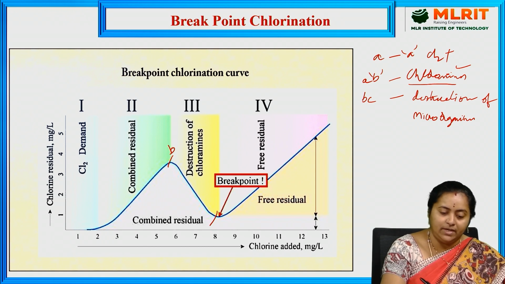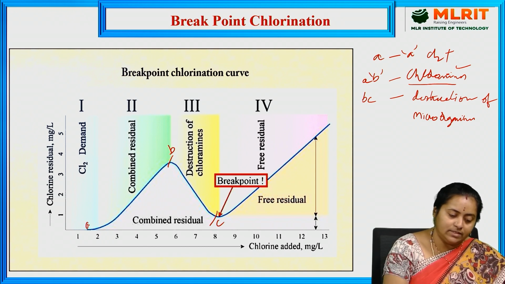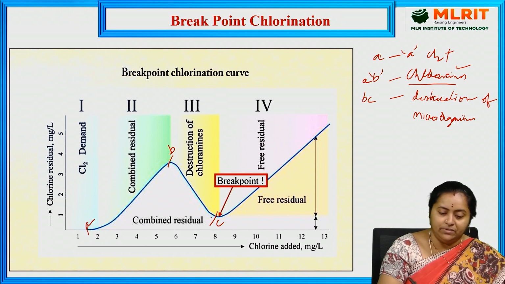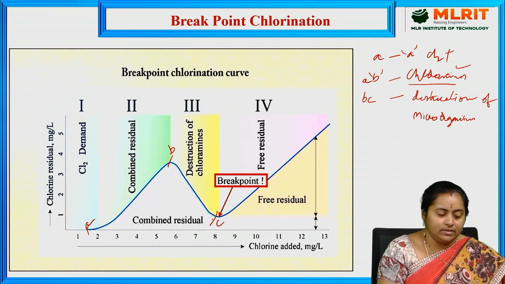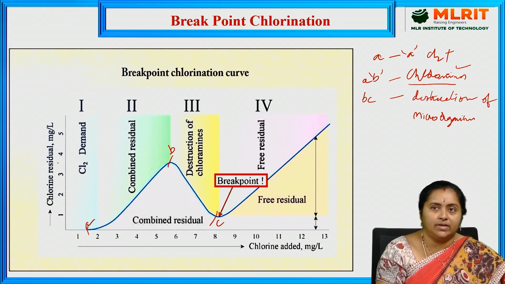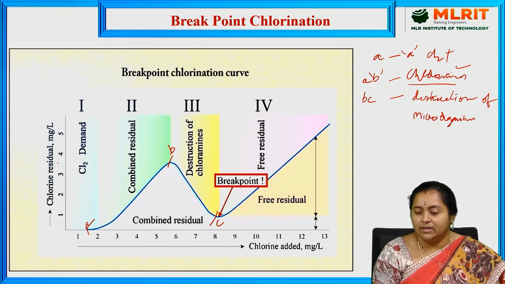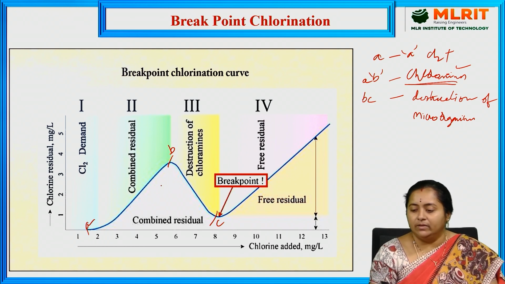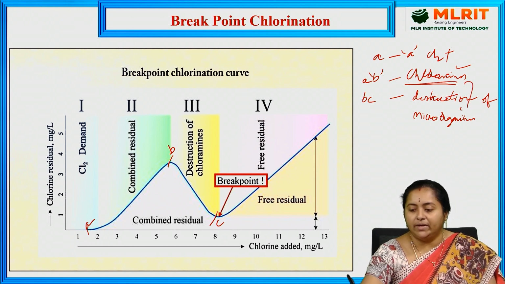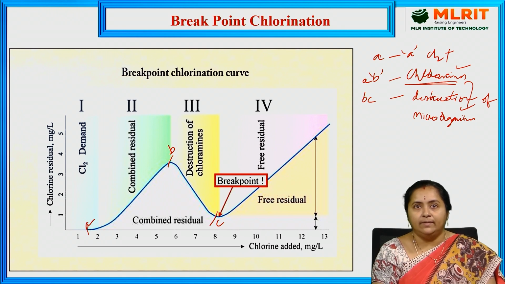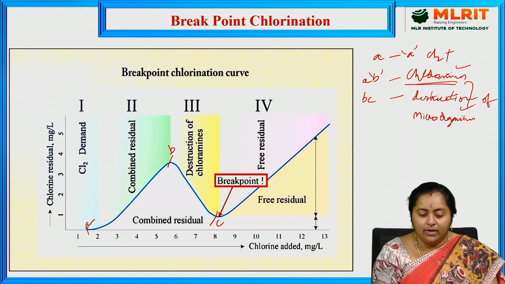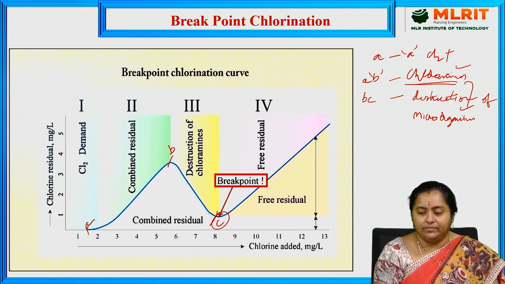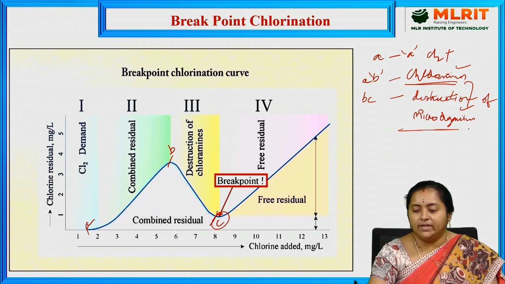So this is B, this is C and this is A. From B to C, we can notice the free residual content is getting decreased. That means the chloramines obtained in curve A to B are able to destroy the microorganism content present in the water sample. So exactly at point C, entire microorganisms were destroyed.